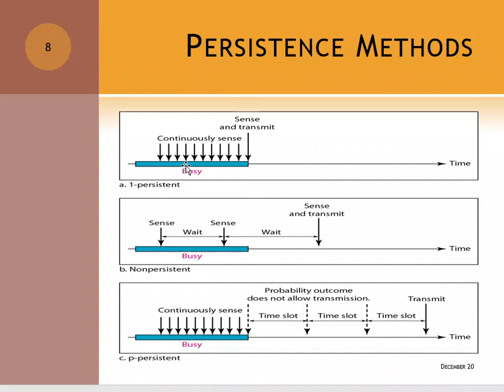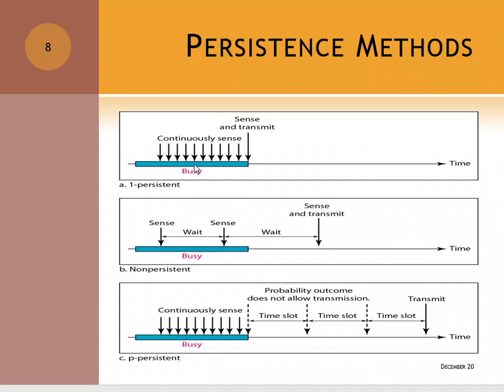Okay, then if the medium is busy, the station will continuously sense the medium until the line is found idle. Maksudnya kalau satu station tu nak hantar data, dia akan check line tadi clear ke tak clear, busy ke idle. Kalau busy, dia akan keep sensing the medium. Contohnya kalau saya bagi analogi macam ni, bila kita call orang dan engage, kita akan call juga tanpa henti sampailah dapat. So itu kita boleh samakan dengan one persistent.